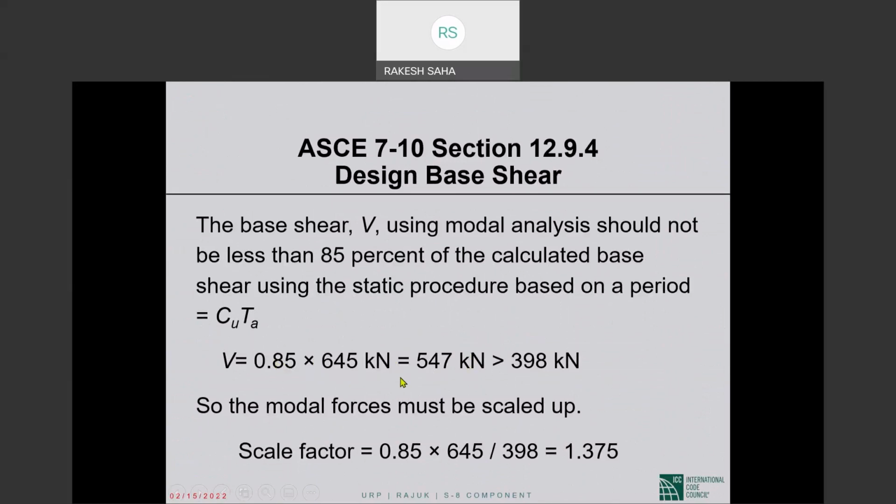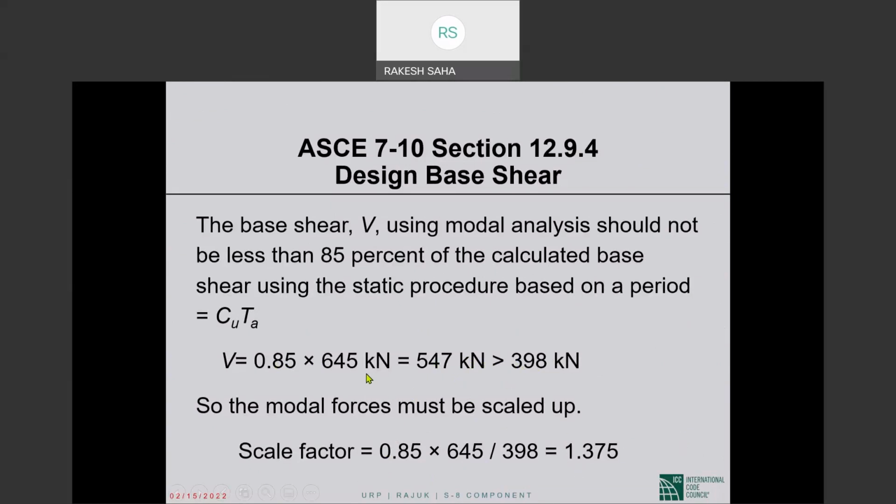85% of that is 547. Our dynamic base shear is 398, which is less than 85% of static. So everything has to be scaled up by 547 divided by 398, which comes to 1.375.